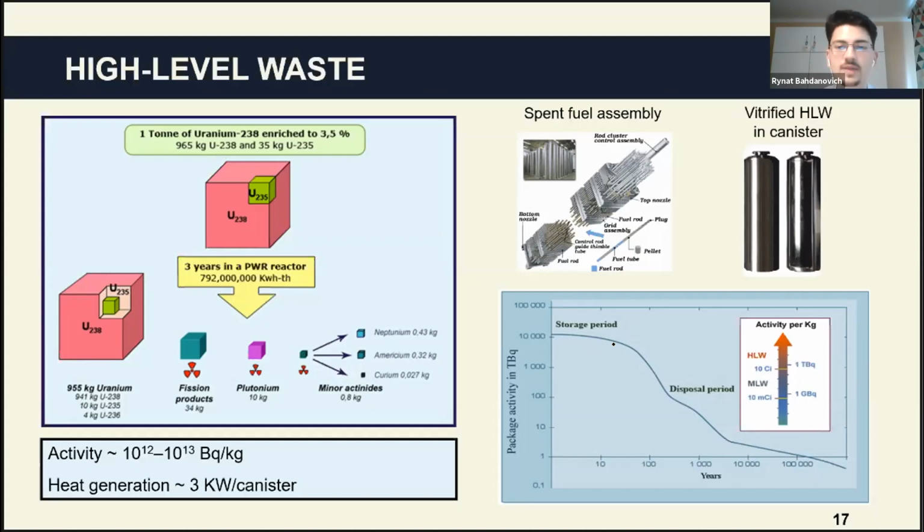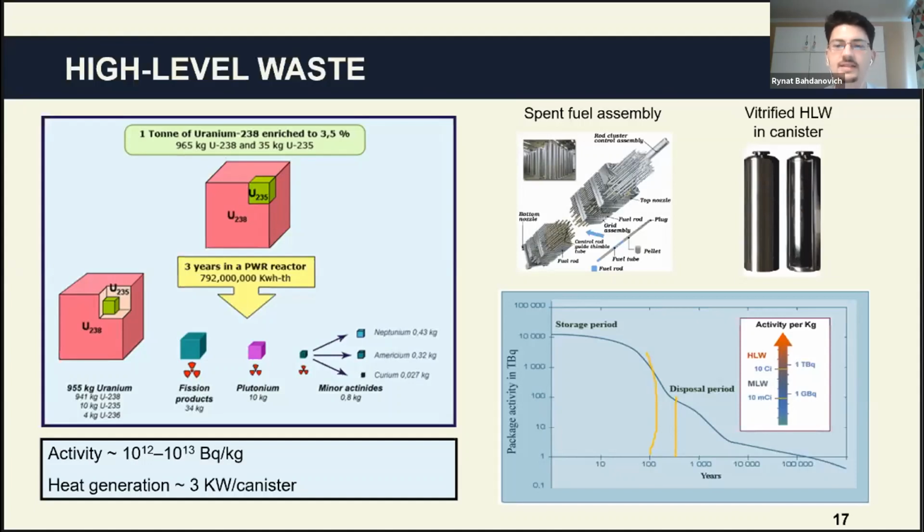A vitrified waste package of approximately 150 liters initially releases 3 kilowatts of energy, and it decreases by 1 order of magnitude after 100 years, and one more order of magnitude after 300 years. So dealing with high-level waste is a very long-term story.